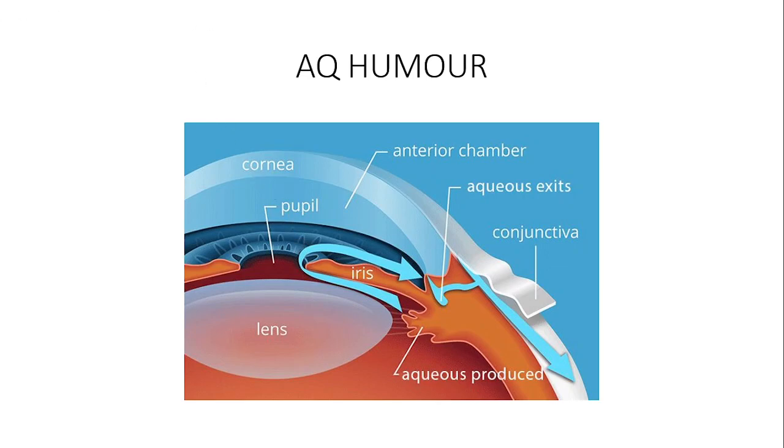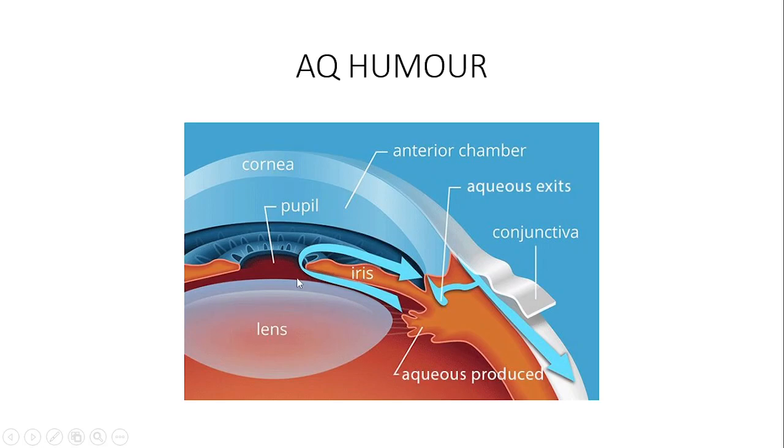But the uveoscleral method of drainage is not dependent on the intraocular pressure buildup. Uveoscleral, because some of it may pass through the ciliary body, the iris, and go through the sclera, and of course the suprachoroidal space, and end up in the vortex veins.